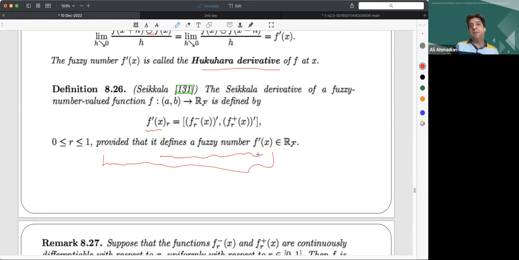Otherwise, the Seikkala derivative doesn't hold. I referred to this definition and also another definition by Bede, published in 2009. Then he said, okay, now it's convincing, and I accept the article.